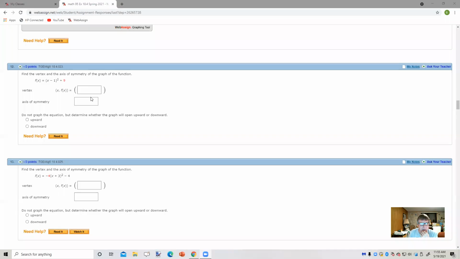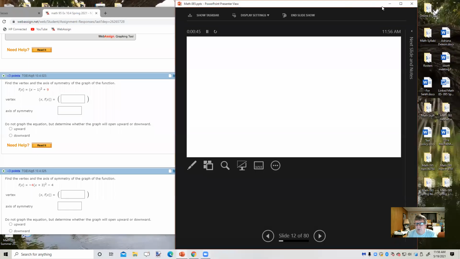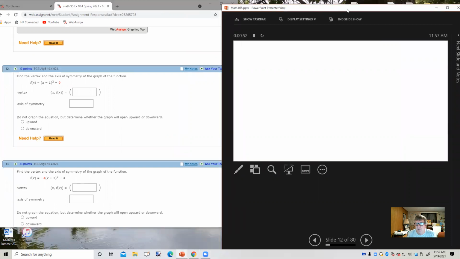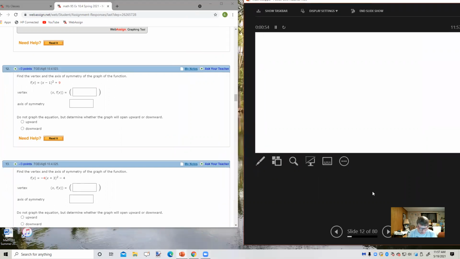And here we are in WebAssign. Oh, you know what? I thought of something else I want to do. Hang on. All right, so we've got WebAssign, and we've got a whiteboard I can write on. So hopefully this is coming out all right. All right, let's take a look at this problem over on the left. Problem number 12.